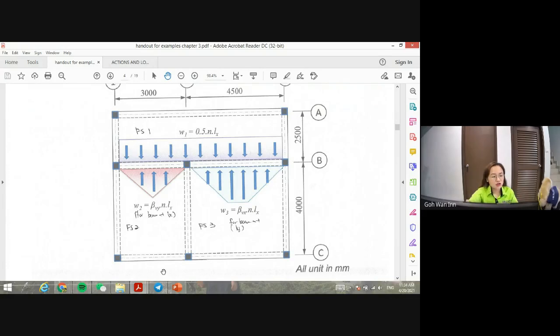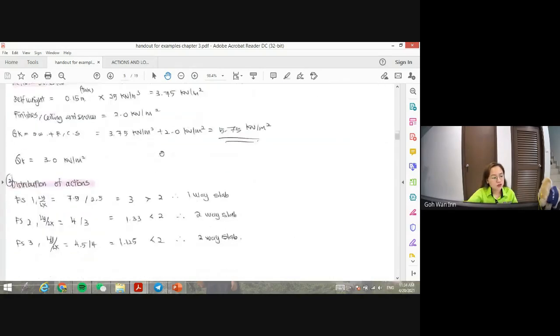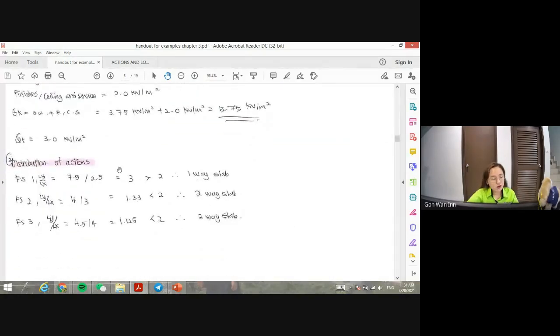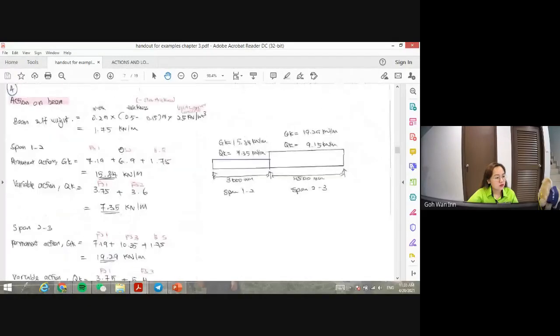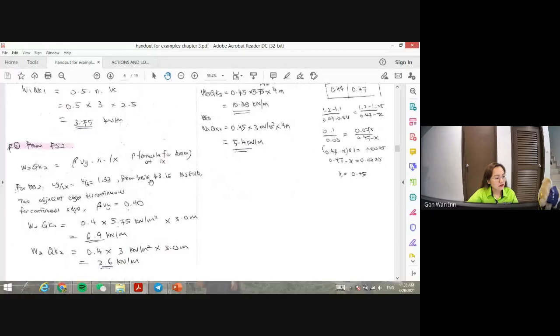So you can go to table 3.15. I cannot show you now because I want to show you here. You can reopen table 3.15 yourself and find it. Is it the same value? From table 3.15, two adjacent edges discontinuous. Can you guys follow me to find it? It's case number 4.